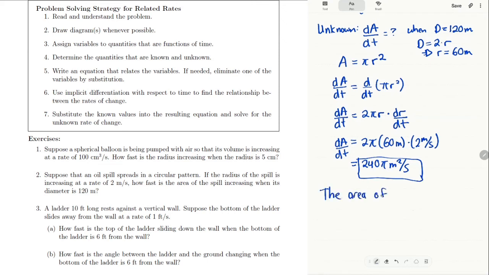So the area of the spill is increasing at 240 pi meters squared per second when the diameter is 120 meters.